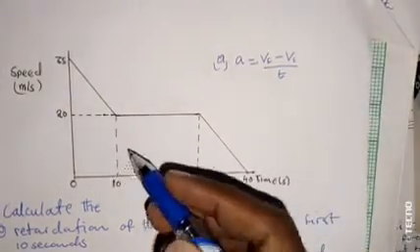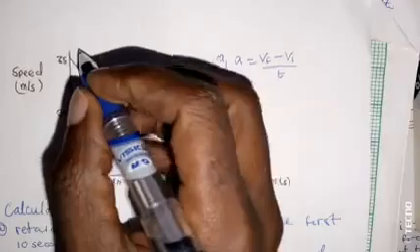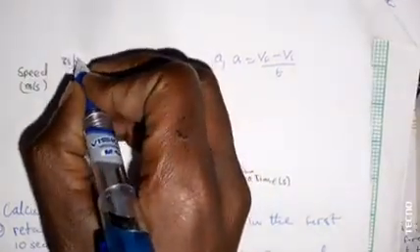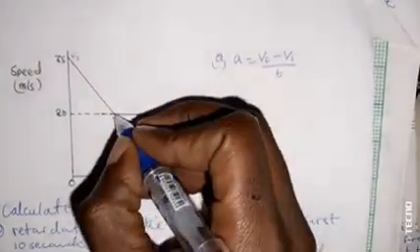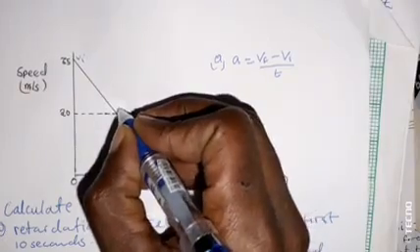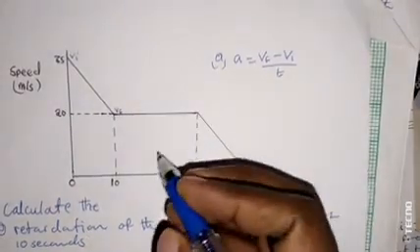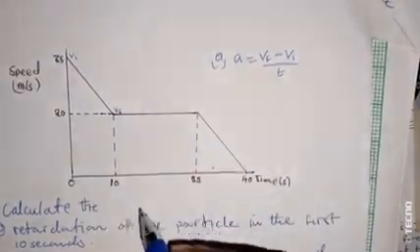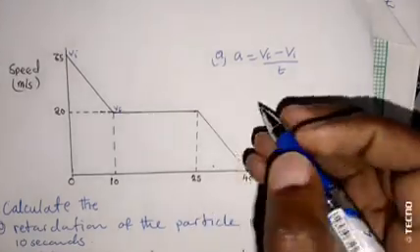So here our initial, since it's starting from this side, is going to be our initial velocity I. Then where it is heading, this side will be our final velocity, which is VF. And then the time, we have already been given that, in the first 10 seconds. So this is the time.